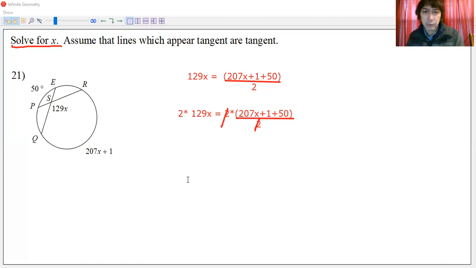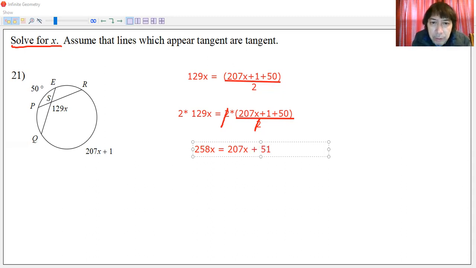So what is this equal to? This is 258x, times 2, 18 and a 5 and a 2, yes. And then the right side is 207x plus 51.